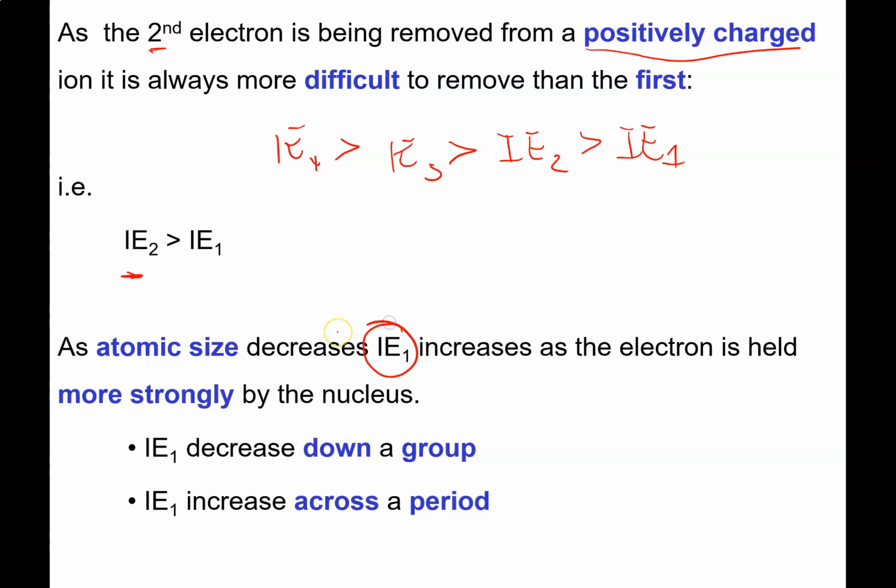So how does IE1 vary across the periodic table? It's a pretty simple rule. As atomic size decreases, the energy required to remove that first electron increases. Why? Because that electron is closer to the nucleus and therefore held more strongly. So it is easy to remove an electron from a big atom and hard to remove an electron from a small atom.